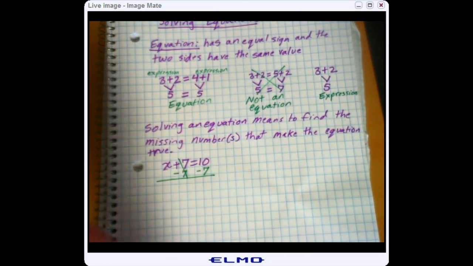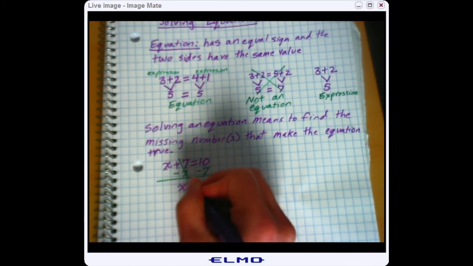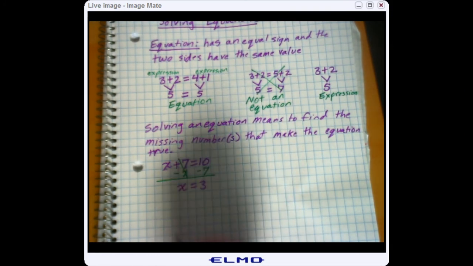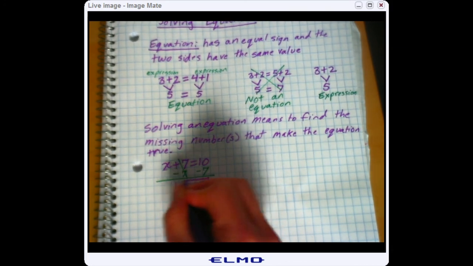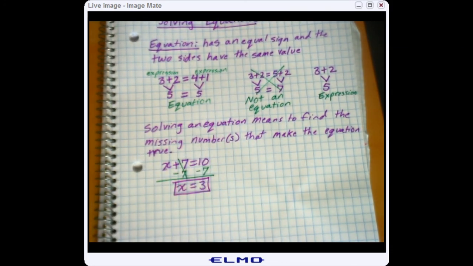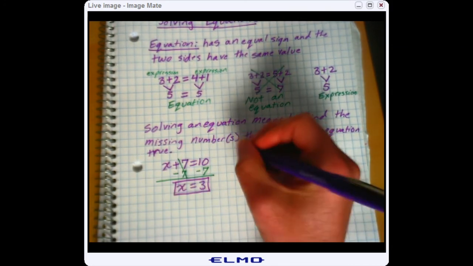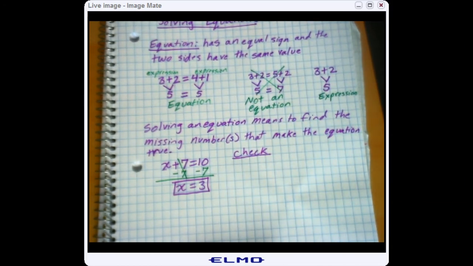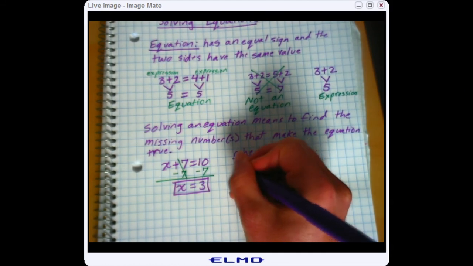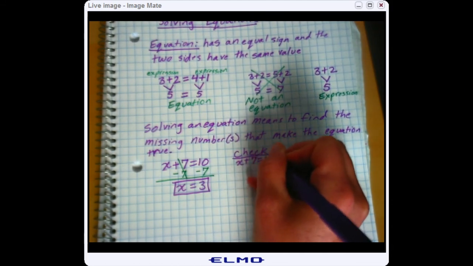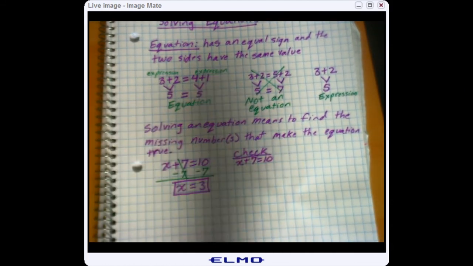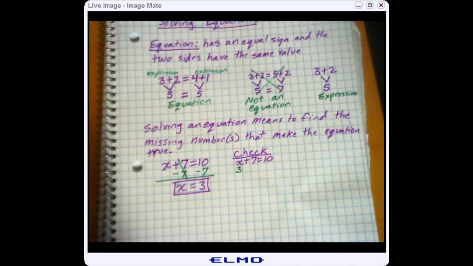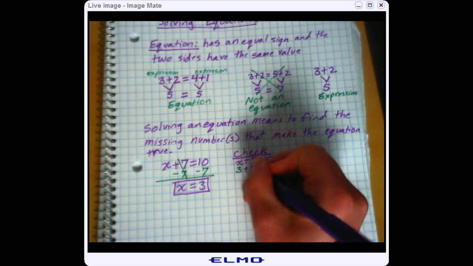If I only change one side in an equation, then it is no longer an equation. Okay? Those are not equal sides anymore. Okay? And I'm able to find my answer. Now, a good habit when you're solving equations is then to also do a check. So when I do a check, I start by writing down my original equation, and then I'm just going to substitute in what I found for my variable to make sure it works.